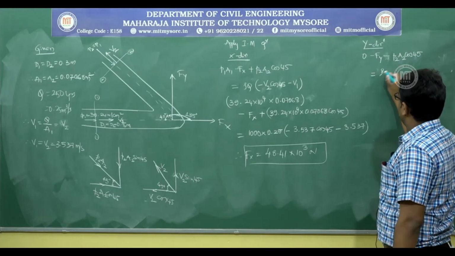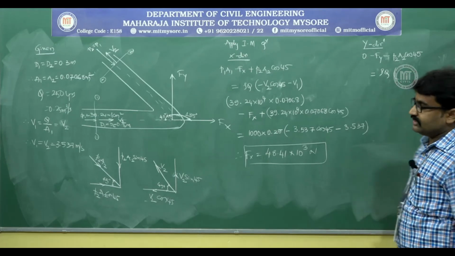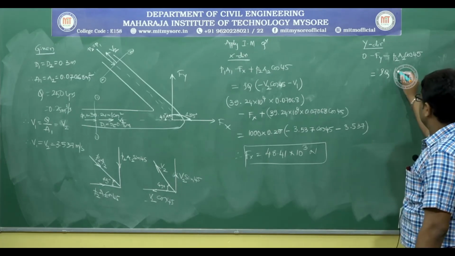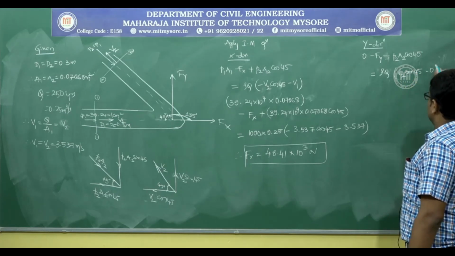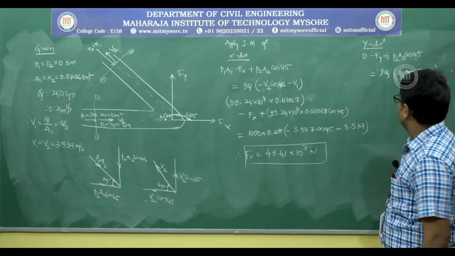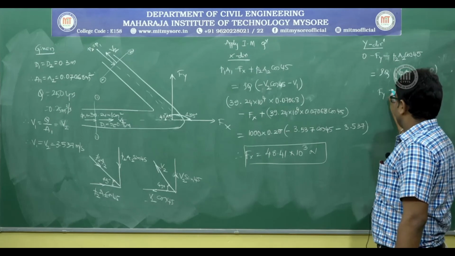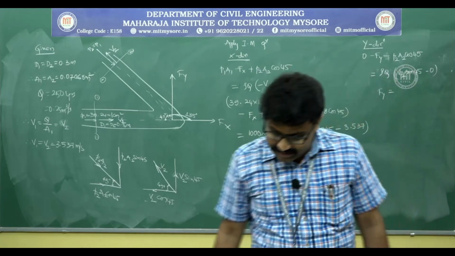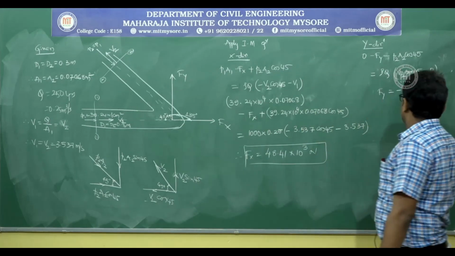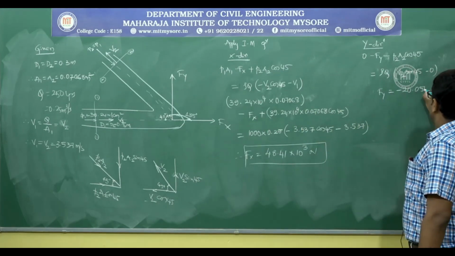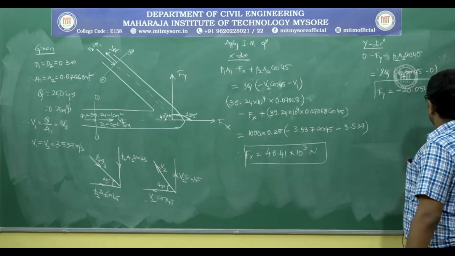This must be equal to rho Q as it is into final velocity in y direction, going upwards is positive for me, so V2 sin 45, minus initial velocity in y direction, which is 0. Everything is known except Fy. If you solve for Fy, you will get Fy as minus 20.054 into 10 power 3 Newton.